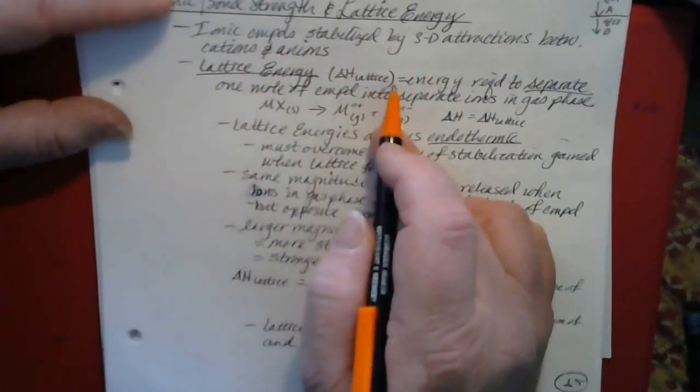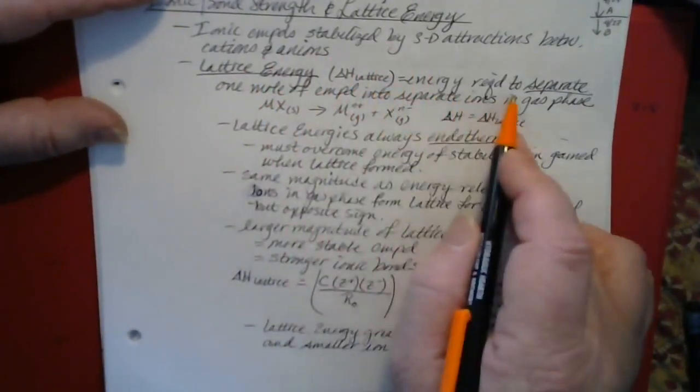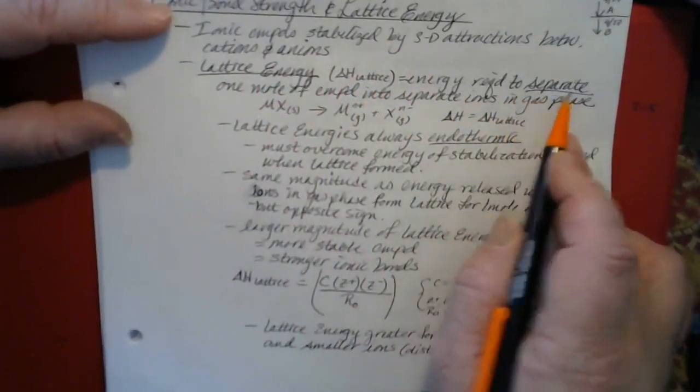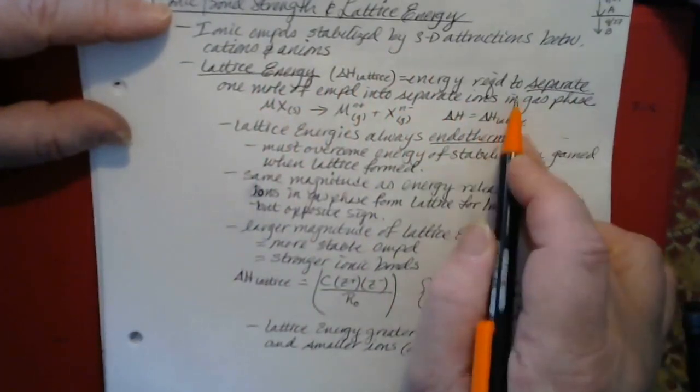The lattice energy is also called delta H lattice, and it's the energy you have to put in to separate 1 mole of a compound into separate ions in the gas phase.